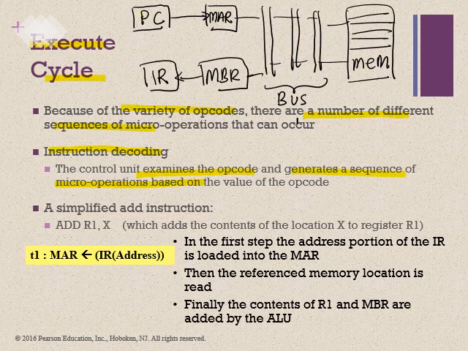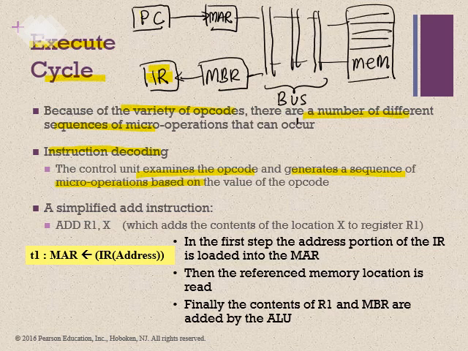Let's look again at that instruction. We need to look at the address portion of the instruction register. Please remember that we have finished the fetch cycle, so right now the instruction Add R1, X is in the IR.